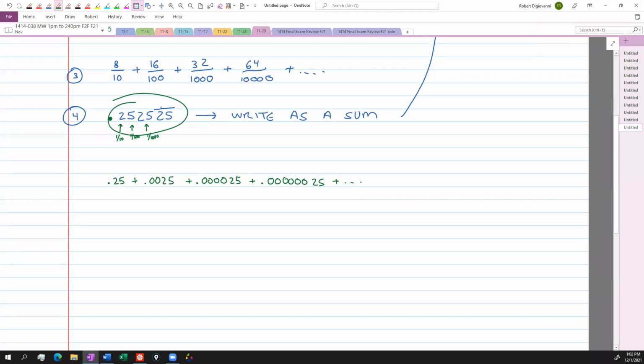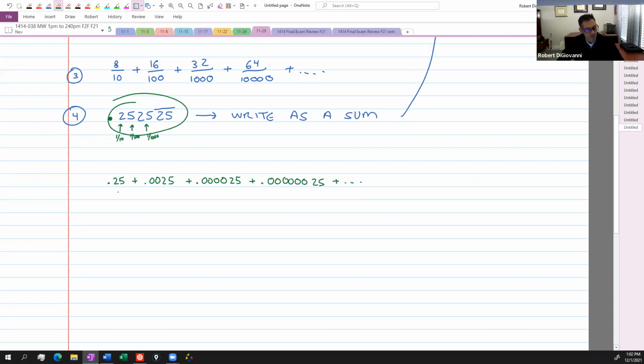Okay. Now let's rewrite each of these as fractions. This is 25, and we're in the hundredths position, right? So I'm going to write this as 25 over 100 plus. Now this is 25. Let's look at the position: tenths, hundredths, thousandths, 10,000ths. So I'm going to put 25 over 10,000.